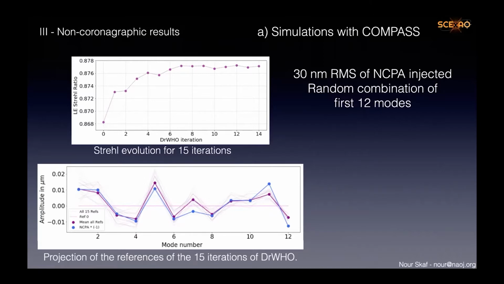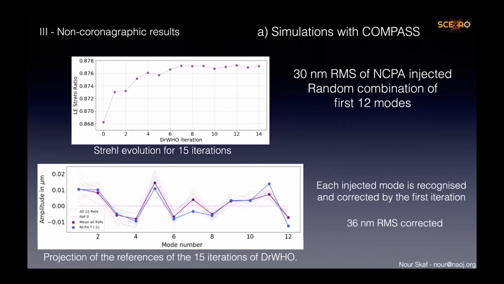So we see it's actually surprisingly accurate compared to what we injected, and that the wavefront sensor did not know at all, because it's not in the wavefront sensor path.